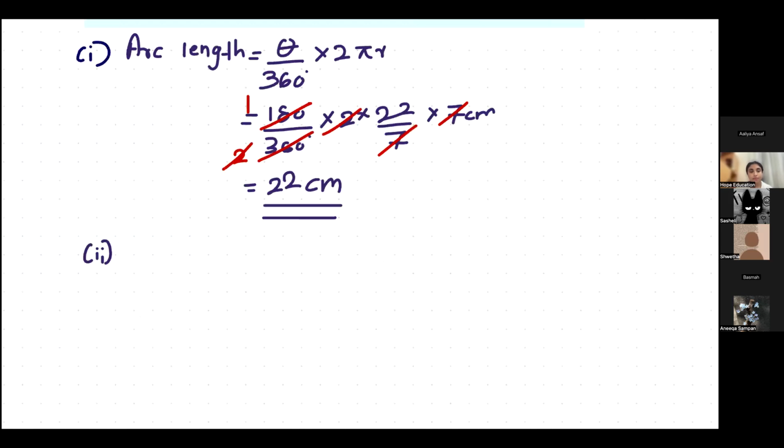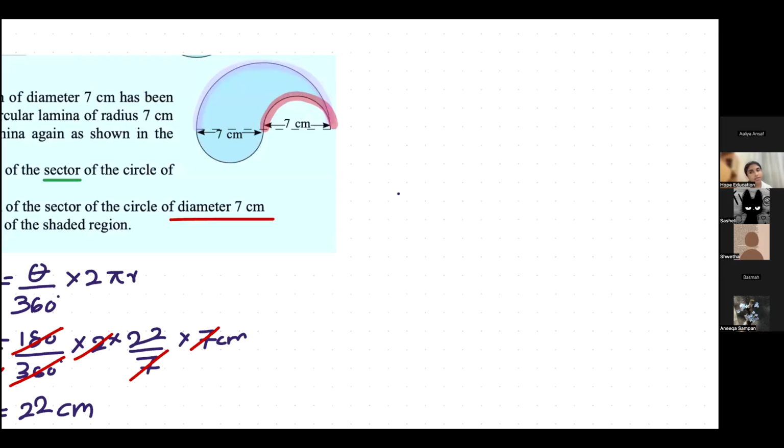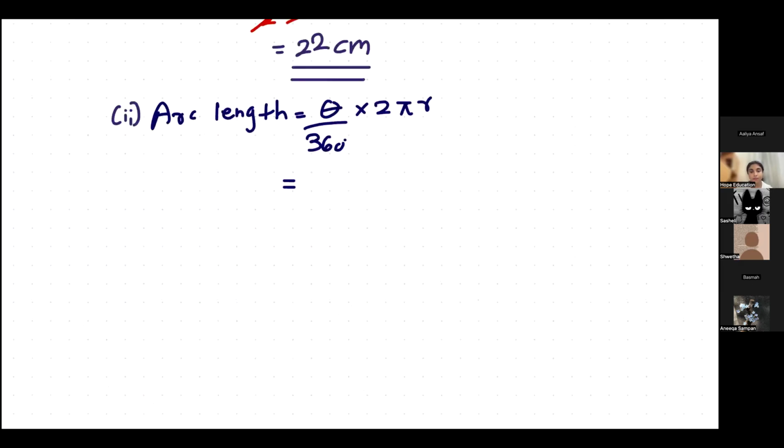So arc length equals theta over 360 multiplied by 2 pi r. If you take this red color arc, what is the theta? 180. Good, it's a semicircle, so it's 180.